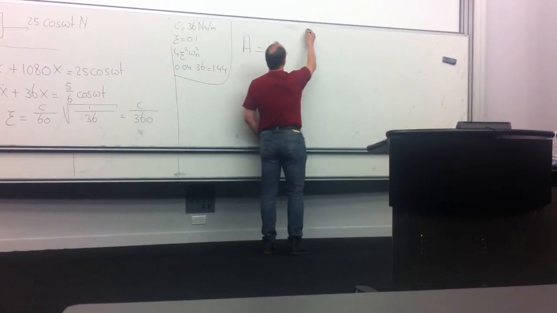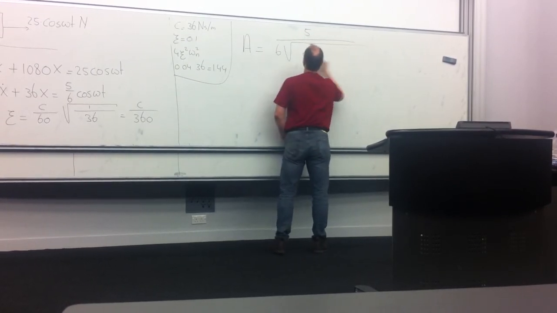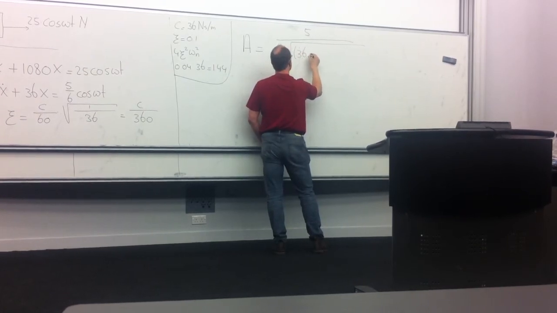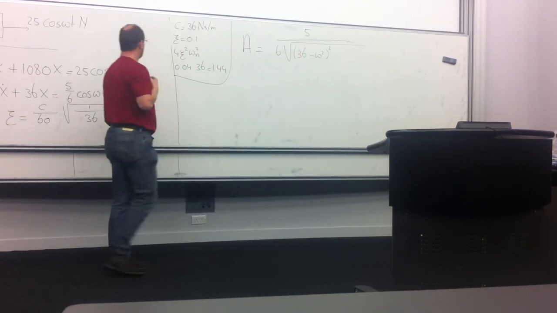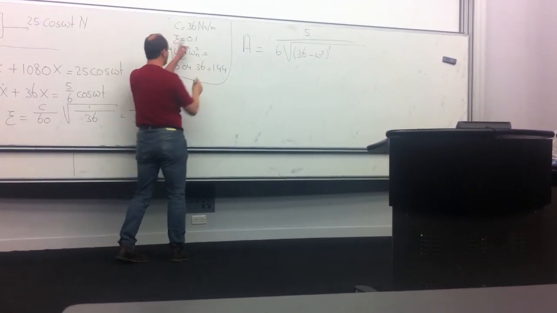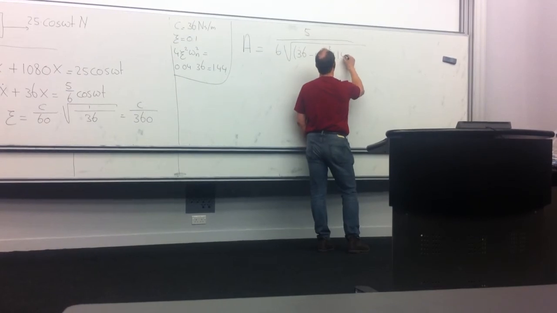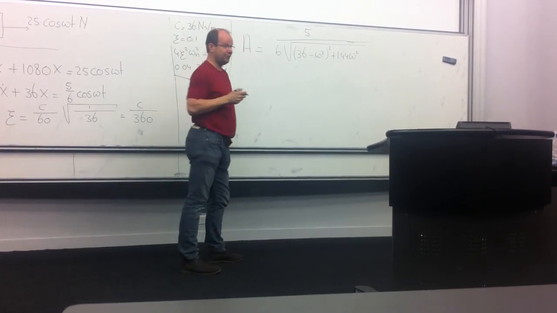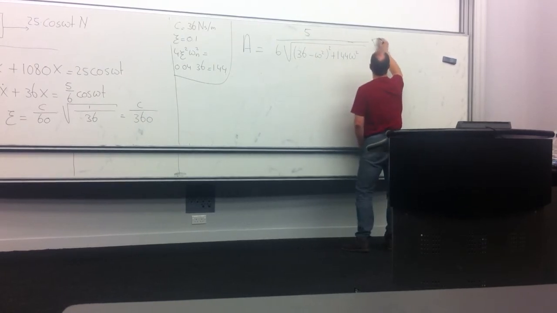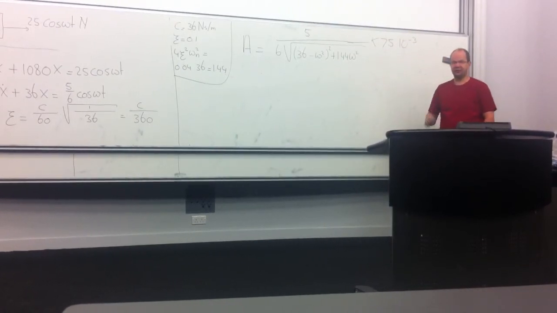So I get A is 5 over 6 times the square root of omega n squared, which is 36, minus omega f squared, times 4 theta squared omega n squared, which is 1.44, plus 1.44 times omega squared. And that again now needs to be smaller than 75 times 10 to the power minus 3.